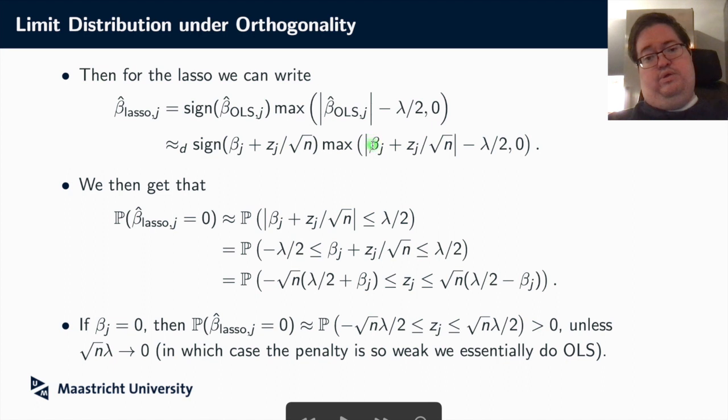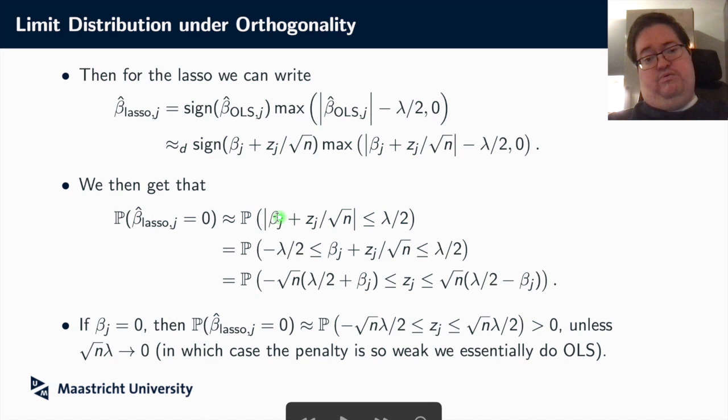So it will happen if this first part here is smaller or equal to 0, then my maximum will be at 0. Well, when is this part here smaller than 0? Whenever the absolute value of beta j plus zj over square root n is smaller or equal than lambda over 2. It follows directly from the condition here.